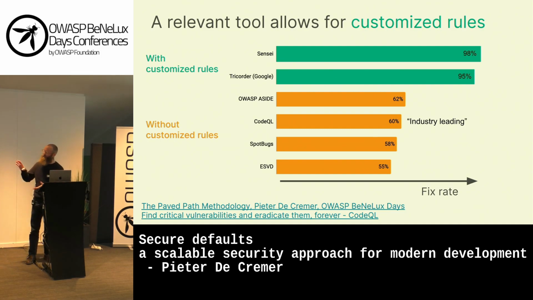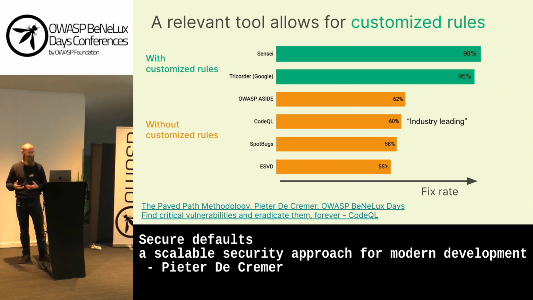And these two have a high focus on the customization of rules. So Tricorder automatically disables rules that have too many markings or not enough interaction. They really focus on only showing developers the things they are actually interacting with. And of course, that means you'll have a high interaction rate with the stuff that's left. And with Sensei as well, I made a bunch of developers do a programming assignment and gave them very, very customized rules for that assignment.